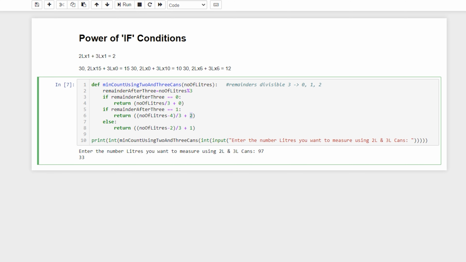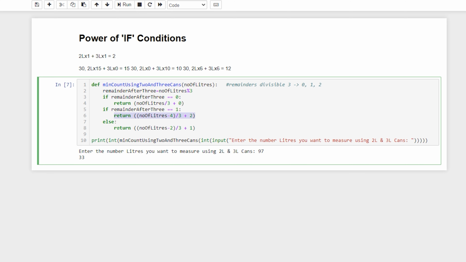Most of the times you can divide and conquer the problems. So here the problem is this. If this problem is this one, just return here. If this problem is this one, just return here. Else, just return here. So you don't need to execute all the lines of code. At any point of time, it processes the data and returns at the first, second, or third line of code.